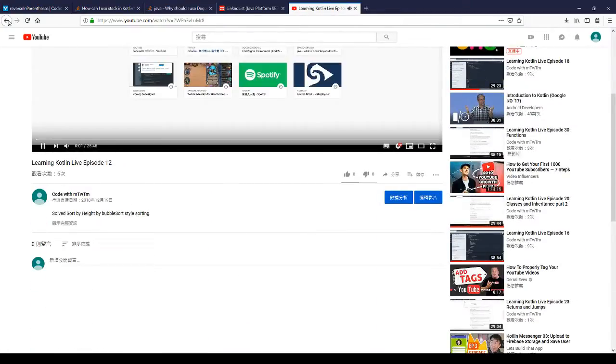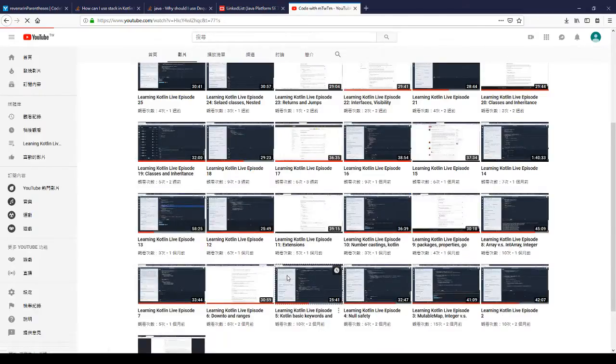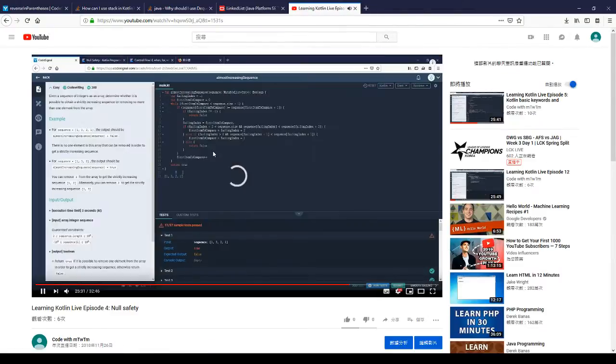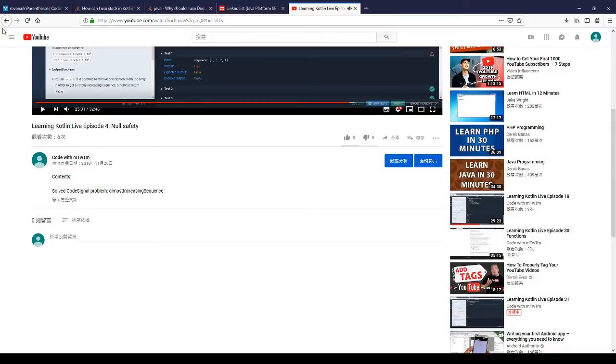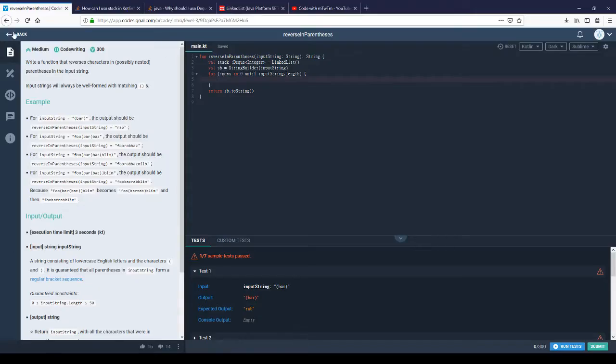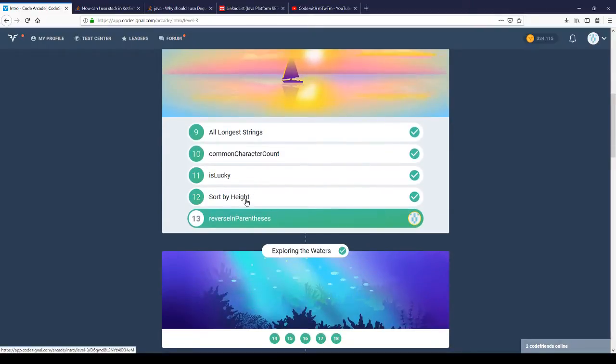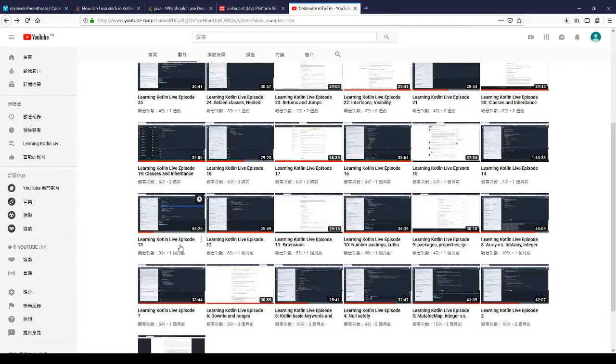Bubble sort style, oops, sorting. Sort by height, no. So maybe here. Matrix element sum. Almost increasing sequence. Okay, I'm tired of this. Let's take a look here. Oh, that was after sort by height. It took me a lot of time to solve sort by height.